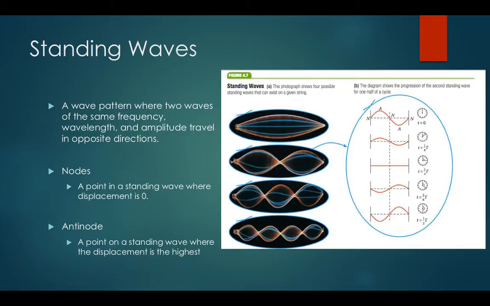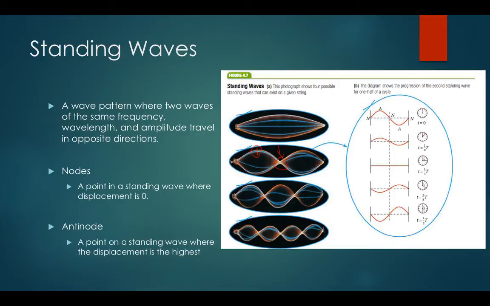So in this case right here, this would be a node that I've circled right here. The antinode would be the location right here on the screen. The antinode is going to be the highest point. The node is going to be the lowest point of a standing wave.